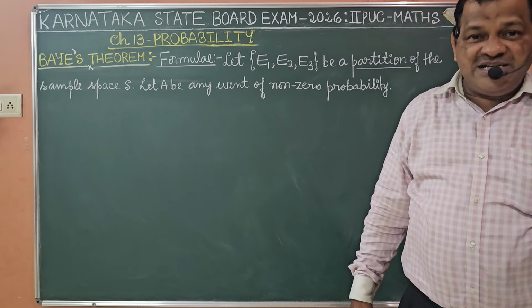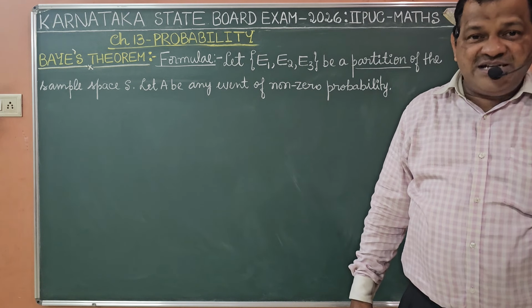Hence I will now give 3 formulae. Kindly note down. The first reverse probability is probability of E1 given A. The denominator is a big total of 3 probabilities: P of E1 into P of A given E1, plus P of E2 into P of A given E2, plus P of E3 into P of A given E3.